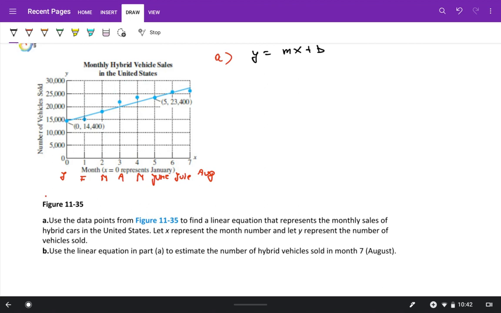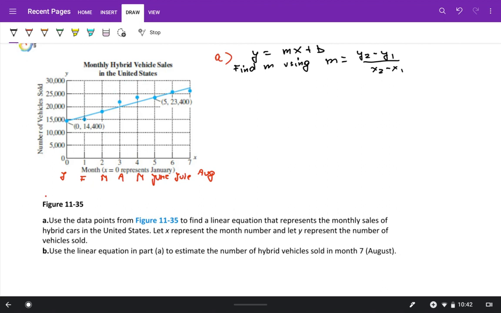So first, we need to find the slope using the formula y2 minus y1 over x2 minus x1.